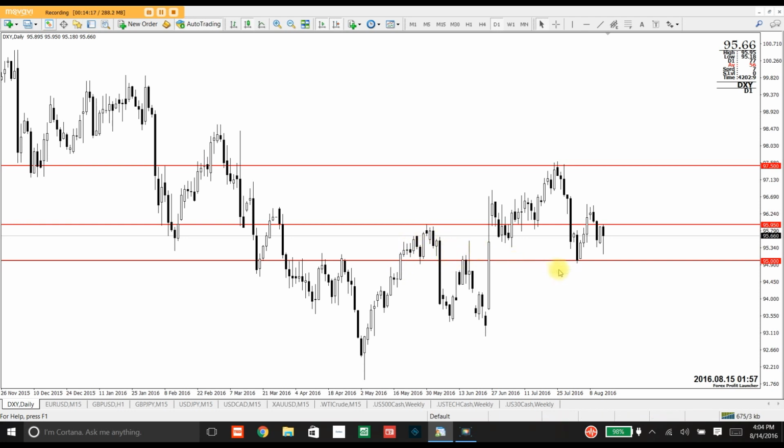Nice rejections here. Now, as you're looking at support and resistance, this line right here, as it sits right now, in this instance, acted as resistance. This line right here, the 95.95 level, acted as support. Now, when price breaks resistance or when price breaks support, that level turns into the opposite, essentially.